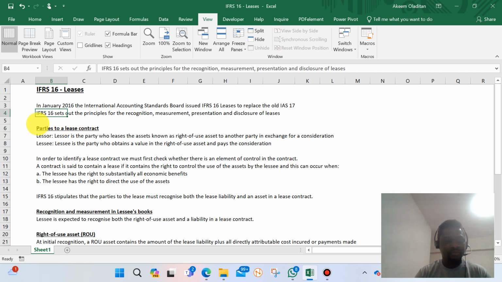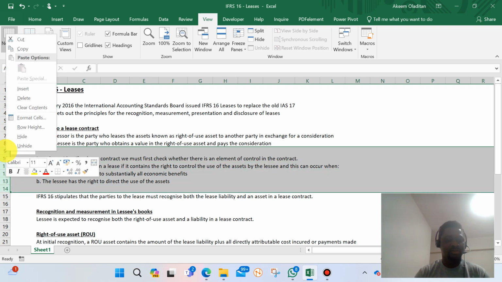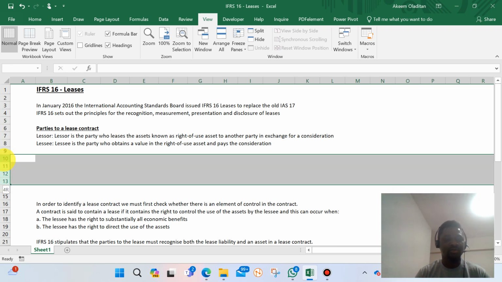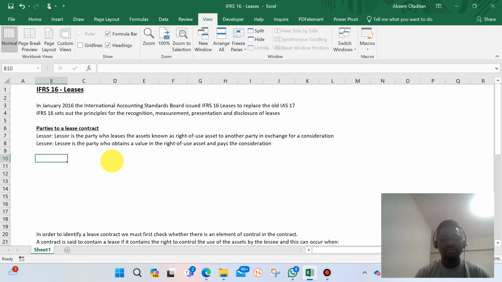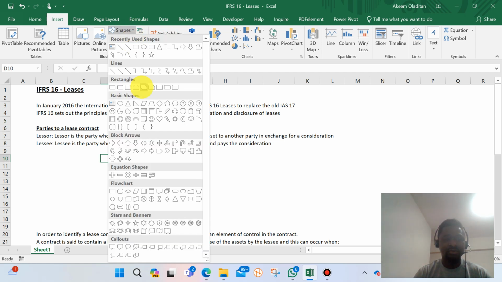So let's also look at who are the parties to a lease contract. Let me use a diagram to differentiate between the parties. I just want to make it very simple.